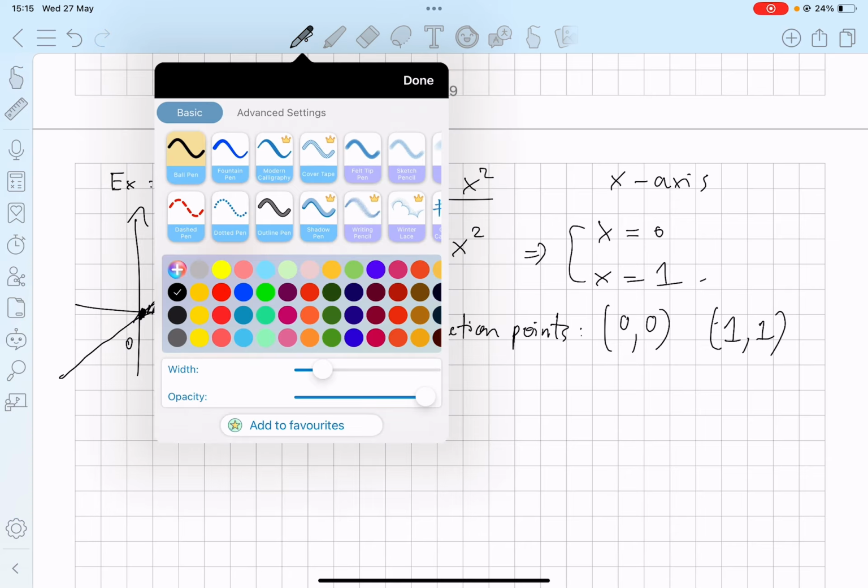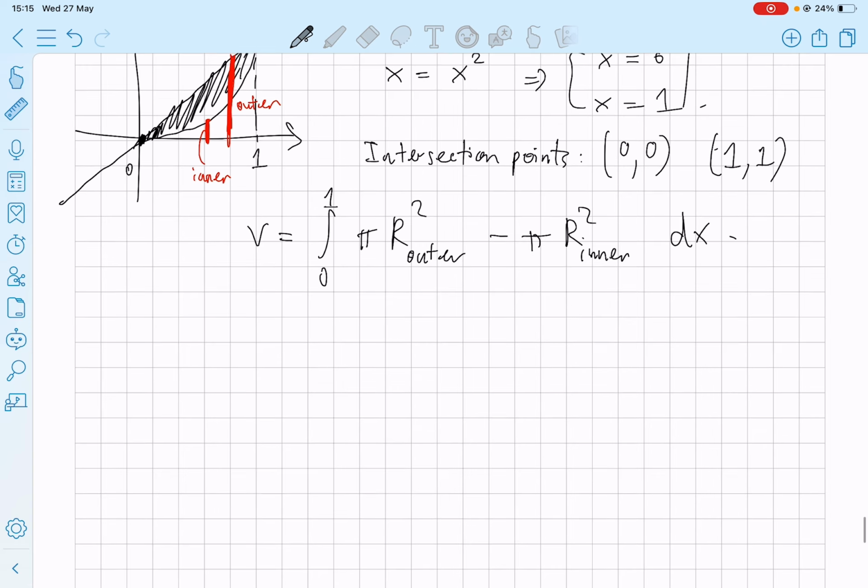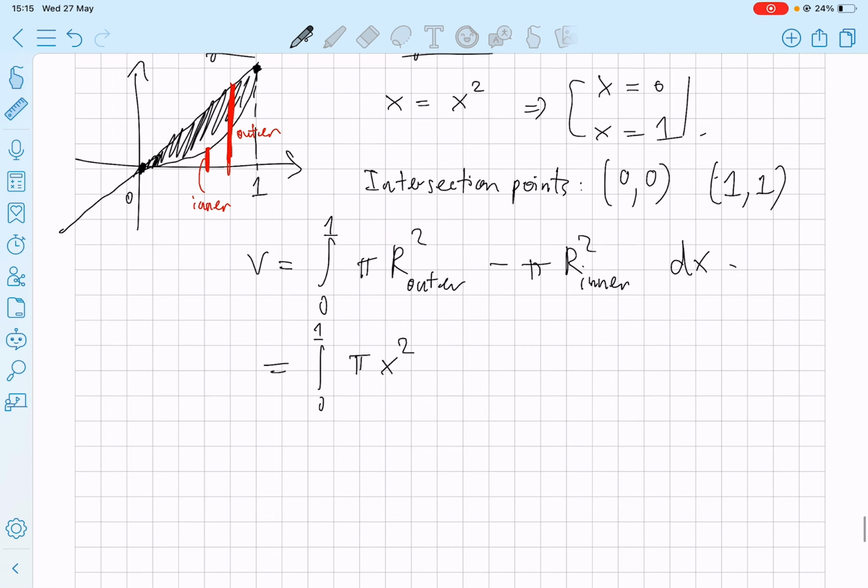So the volume will equal the integral from 0 to 1 of pi times r outer squared minus pi times r inner squared dx. Plug the variables in.